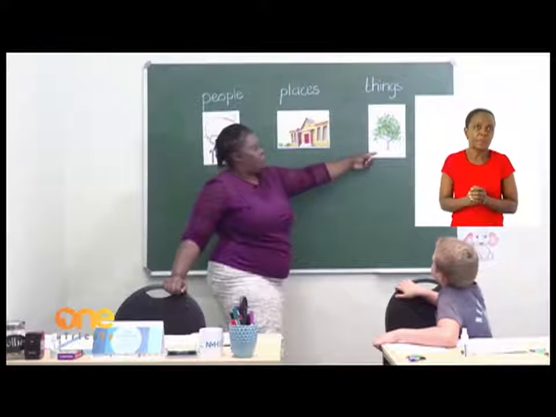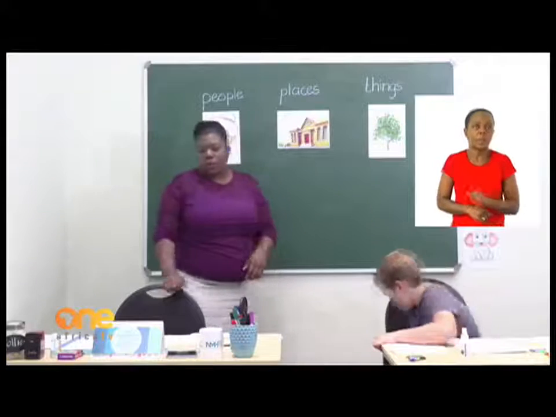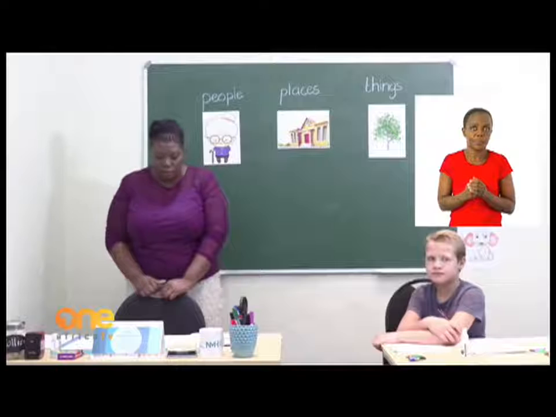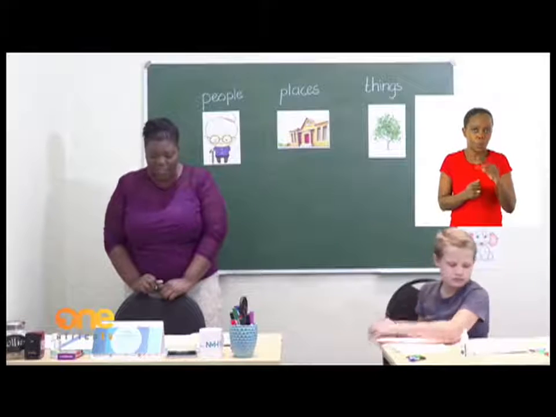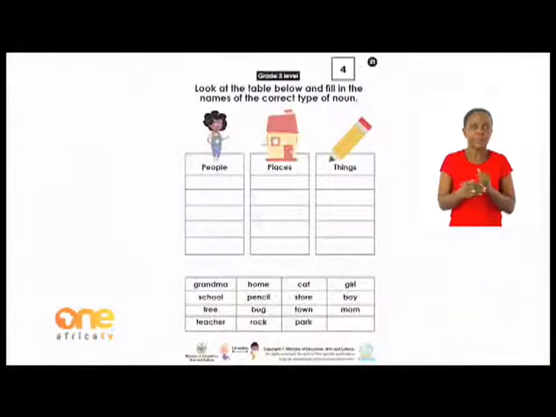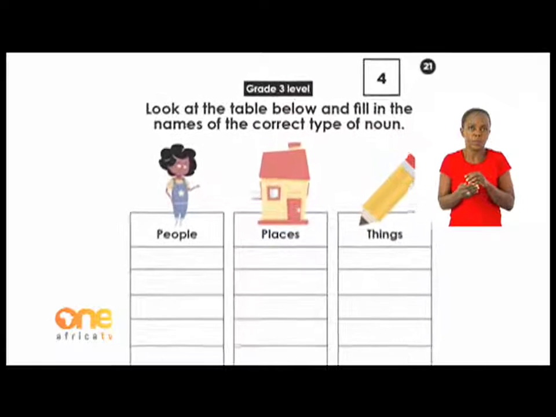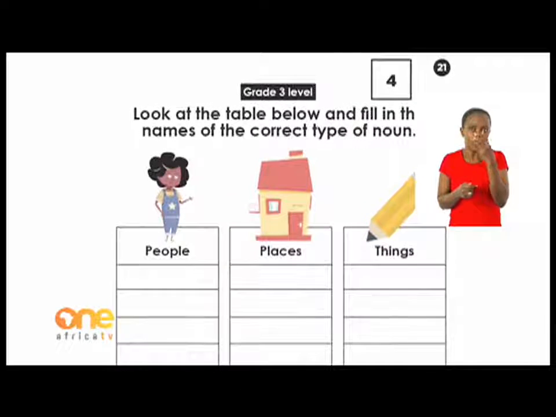In your book, you're going to find words that are written underneath. Use the words in the box to fill in the spaces that you've been given to write. Write them all. This lesson is for grade 3s, but grade 2s can also do this lesson.